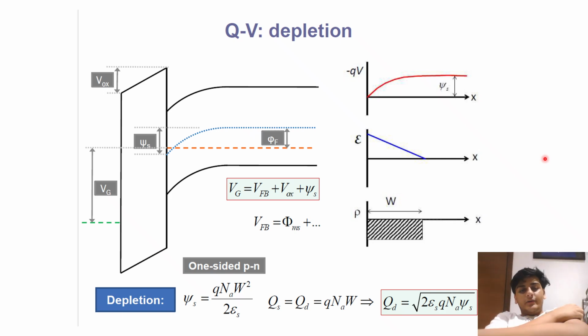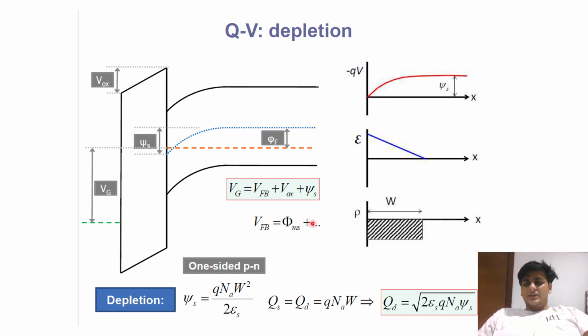calculations related to depletion. Now, obviously, you know that the gate voltage is more than the flat band voltage. The flat band voltage itself is equal to phi ms. They've spoken about there being some extra terms here, but that is beyond the scope of our discussion right now. So we are just going to stick with the flat band voltage being equal to phi ms. Now, we know that with the gate voltage being more than the flat band voltage, the rest of the voltage has to be deposited somewhere.